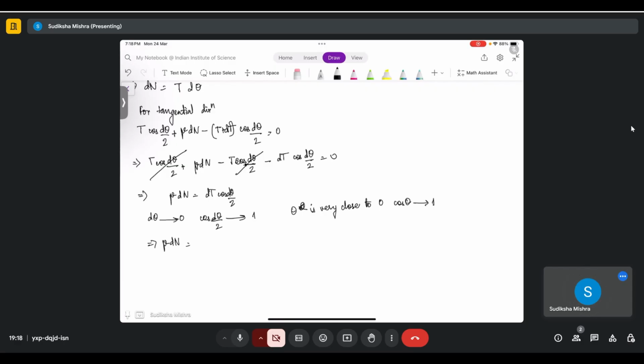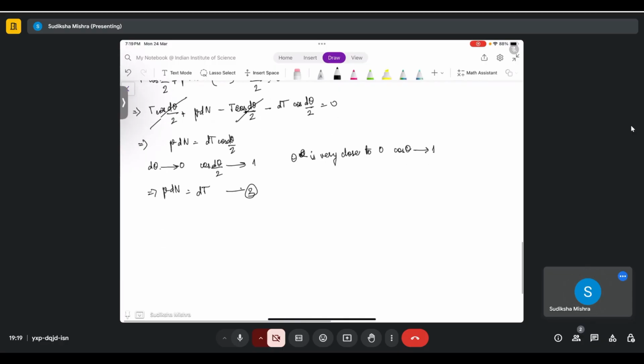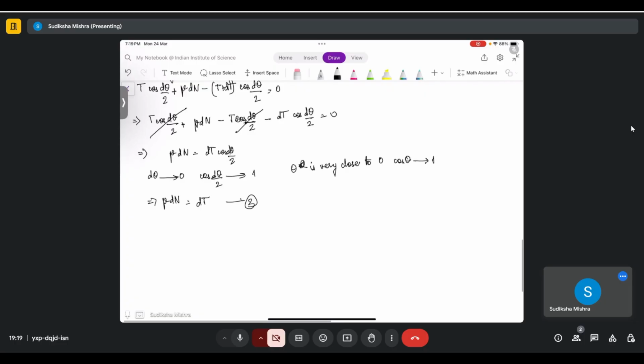So mu dN can be written as dT because cos d theta by 2 is 1. So we got one equation here and one equation here.